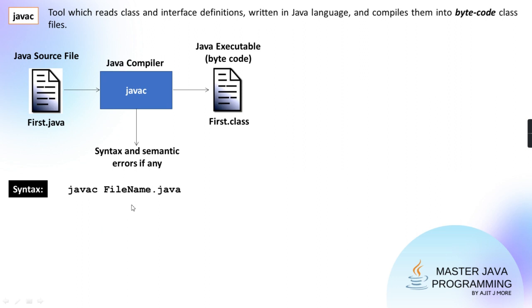So as many classes as there are in that file, that many .class files you'll get, and every .class name is the same as the class name, not the source file name.